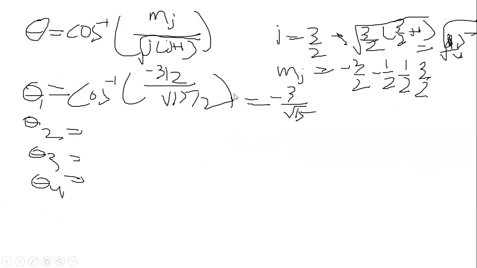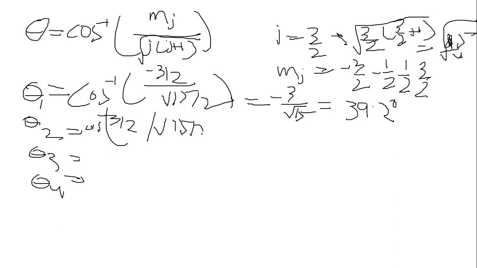So we can take it at 39.2. So if this is 39.2, then if we take plus 3 by 2, it will be cos inverse of 3 by 2 by root 15 by 2.